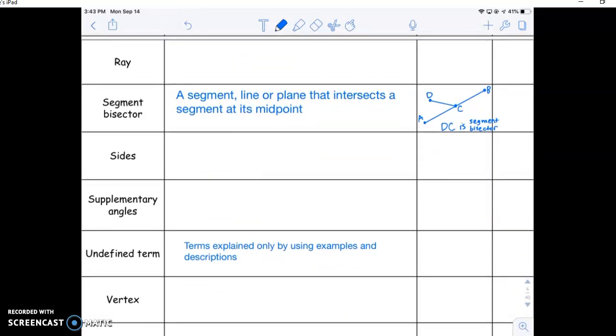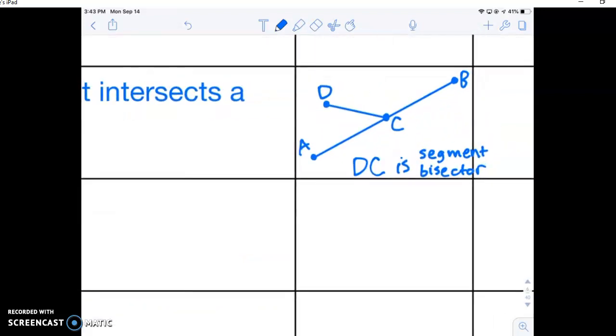Next, a segment bisector. That just means a segment, line, or plane that intersects a segment at its midpoint. So if you have a segment, I'll draw it out again down here. So if you have a segment, and then you have another segment that kind of cuts through that segment and creates two congruent segments, that's what we call a segment bisector.